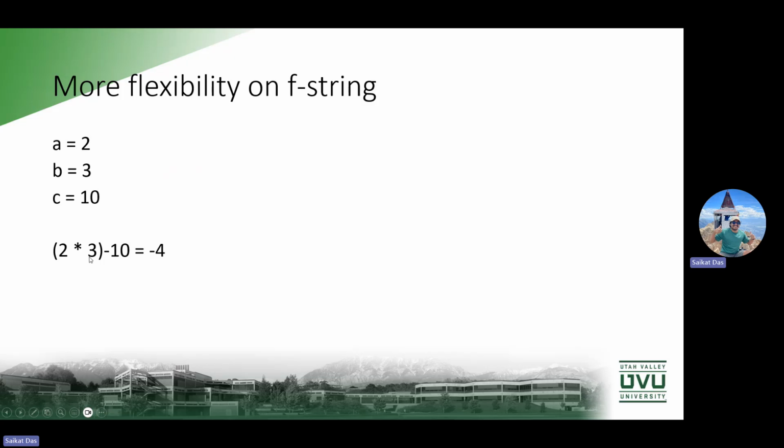This first part is my expression, right? And then it will generate a value like -4. What I would like to do is write this expression and its result, and in between the expression and the result, I need to use an equal sign. Maybe it's a string. How can I write it?